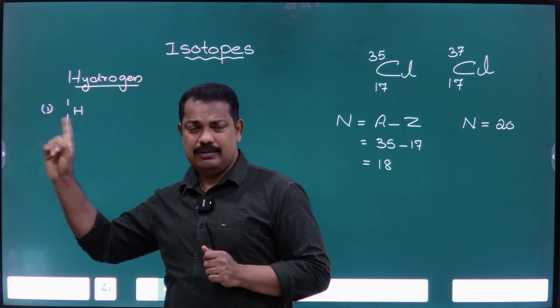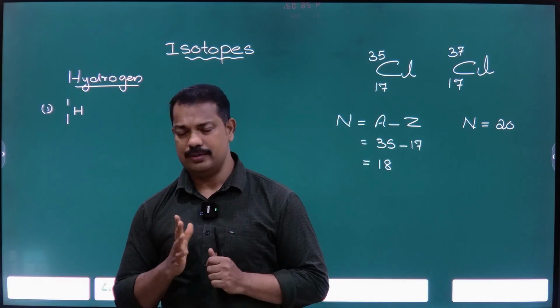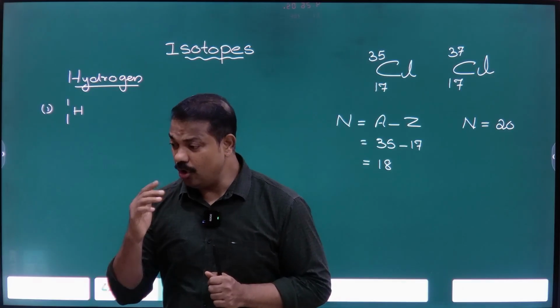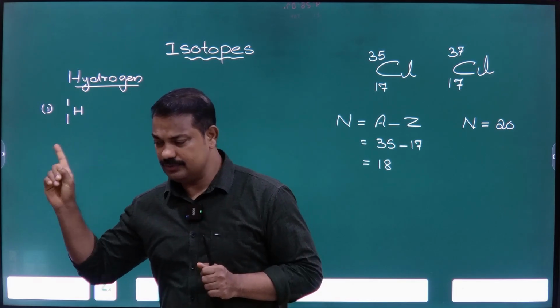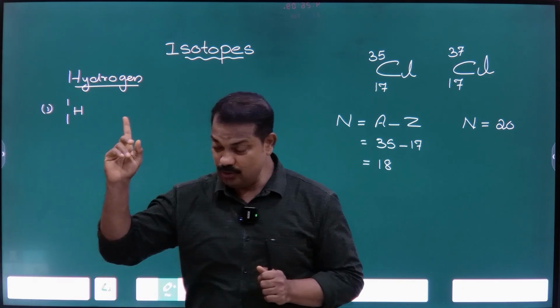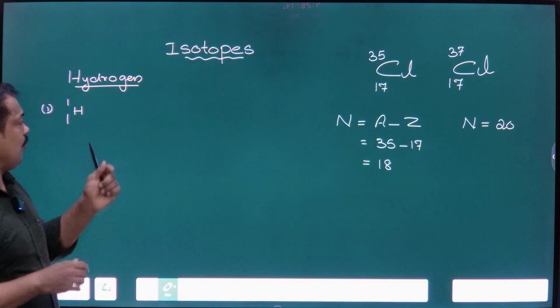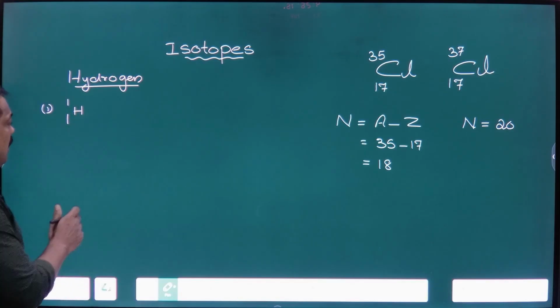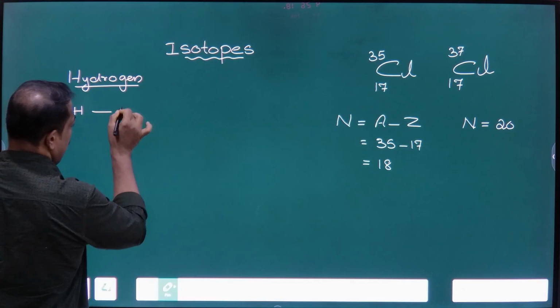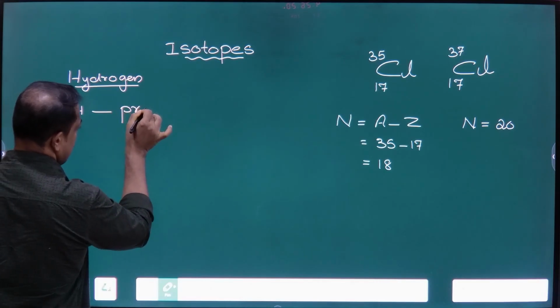Mass number, 1. Number of neutrons, 0. 1 minus 1 is equal to 0. And the name of this isotope is protium.